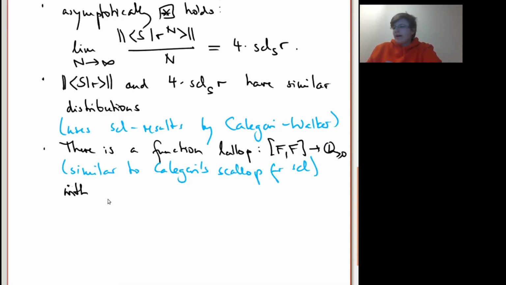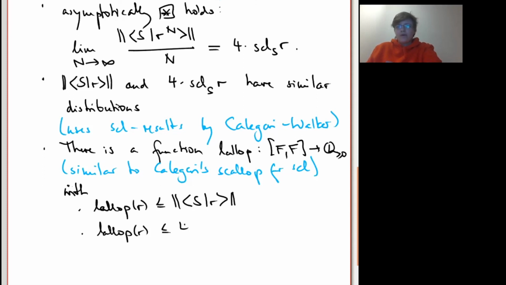Whenever you have such a relator in the commutator subgroup, then lalop is a lower bound for the simplicial volume. It is also a lower bound for 4 times SCL minus 1/2.